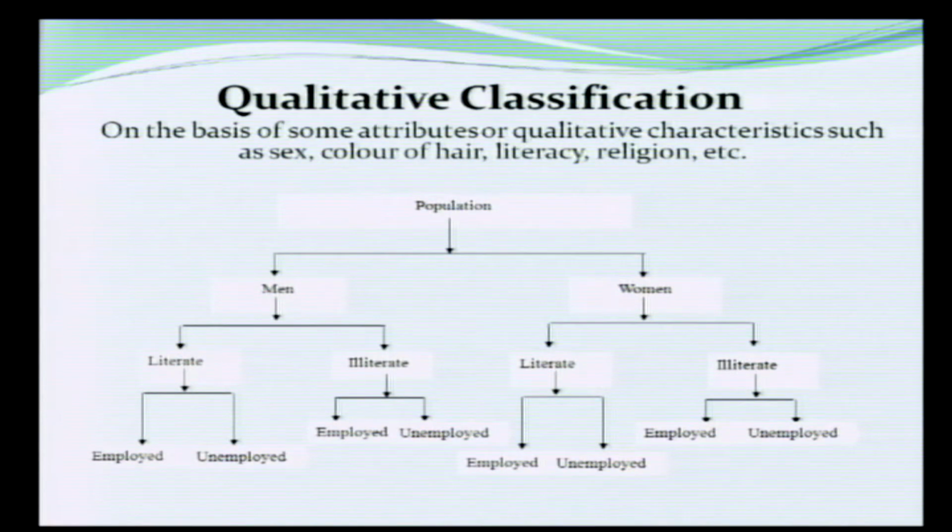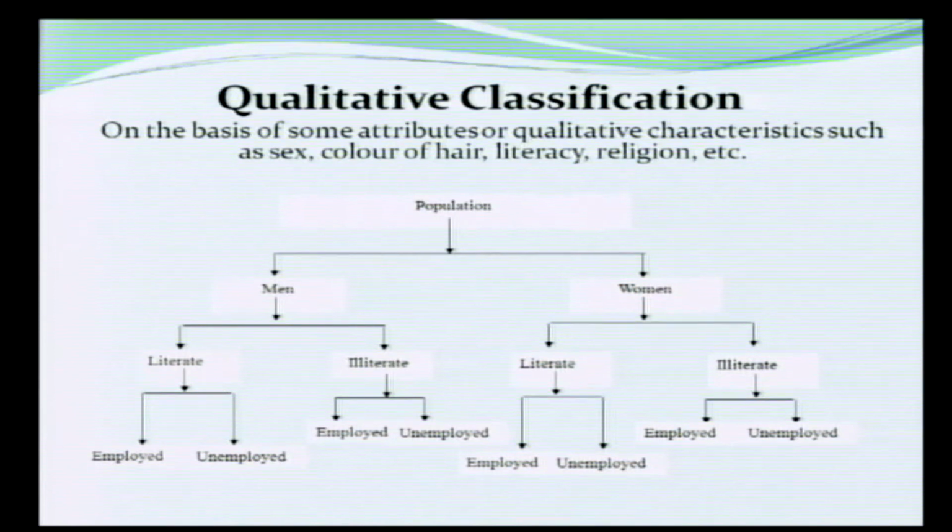we can classify the population into two main categories on the basis of sex, that is men and women. Then again we can classify these two categories into subcategories on the basis of literacy: literate men or illiterate men, and the total number of women can be classified into literate women and illiterate women.